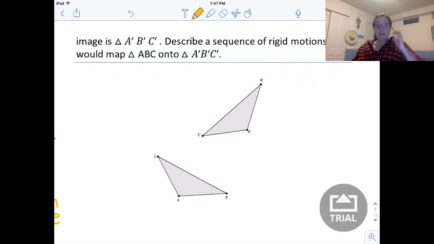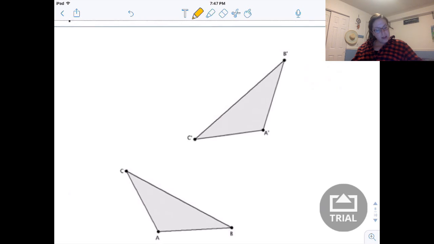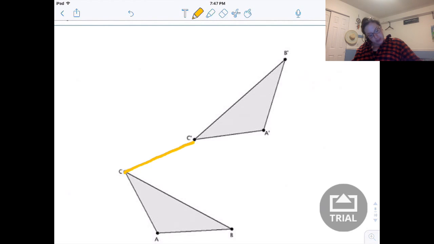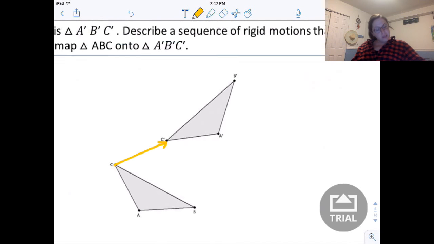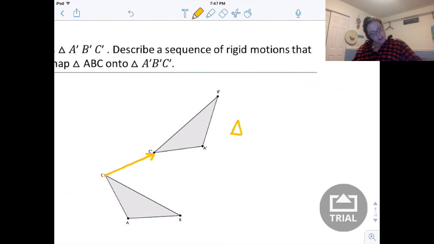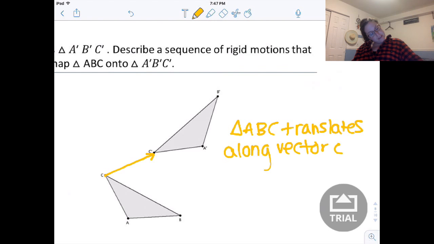So I'm going to first say, okay, it translated from C to C prime. So I'm going to say triangle ABC translates, and here you need to be specific, along vector C, C prime, vector symbol over it. Okay, translates along vector C, C prime.